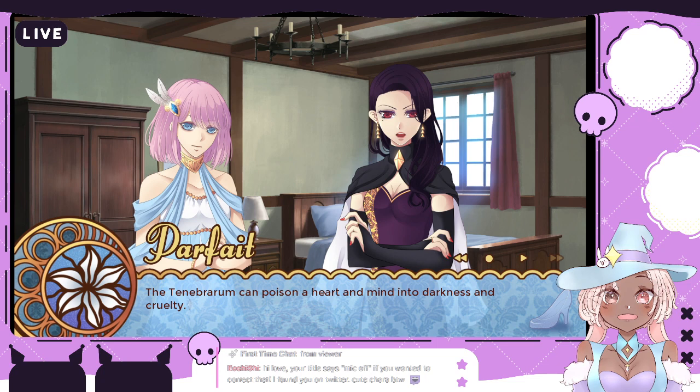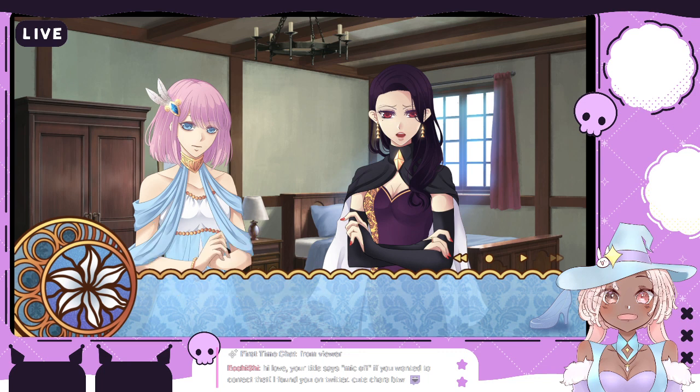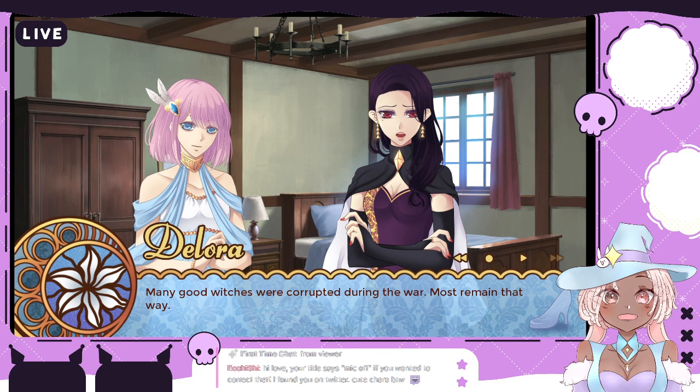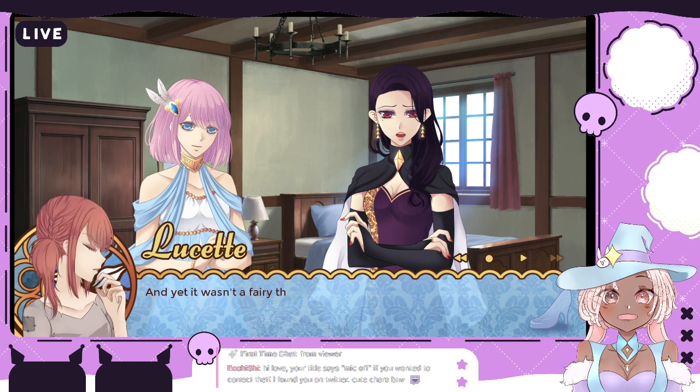The Tenebrarum can poison a heart, a mind into darkness and cruelty. The witches put themselves at risk in working with the Tenebrarum and maintaining harmony. Some inevitably are corrupted. Many good witches were corrupted during the war. Most remain that way. Many do not believe it, but witches can be just as kind as fairies.